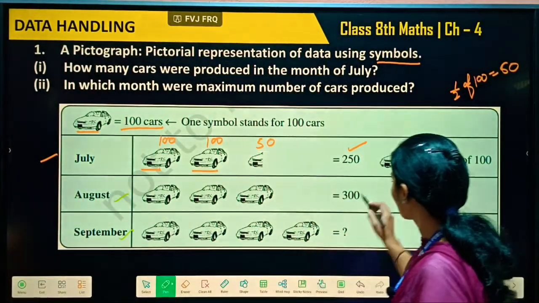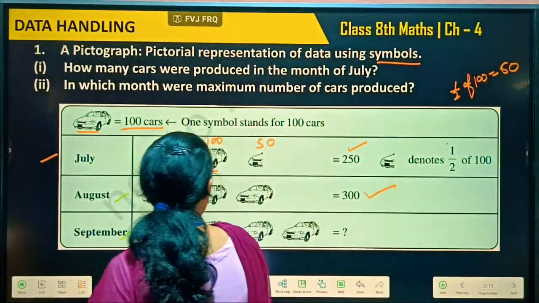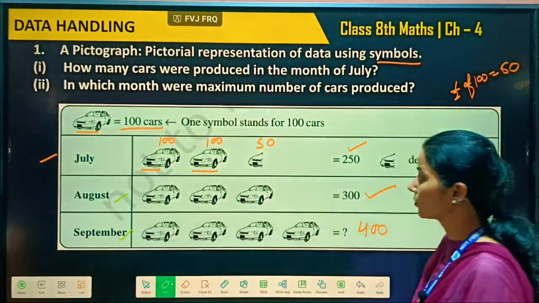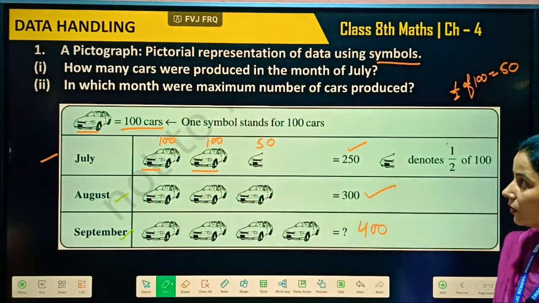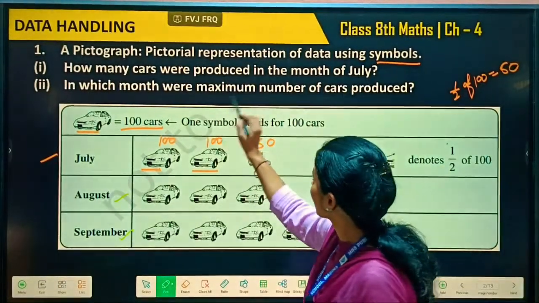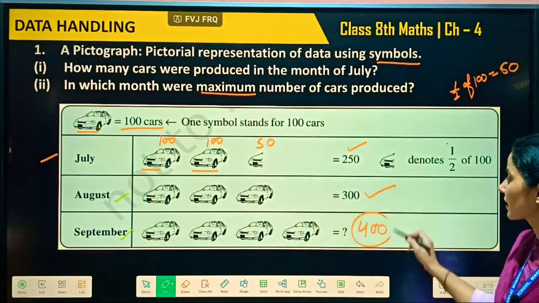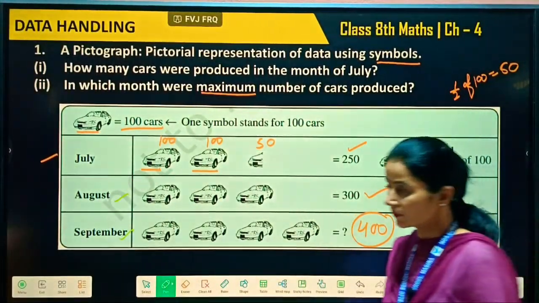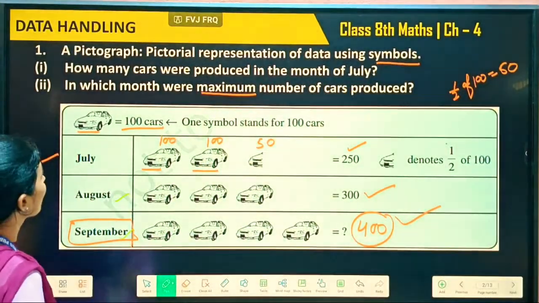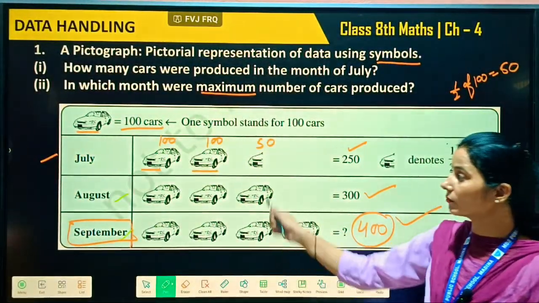In August 300 cars were produced, and in September there are 4 symbols, so 400 cars were produced. Based on this information, in September the maximum number of cars were produced. This was pictograph, in which we represent information using symbols.